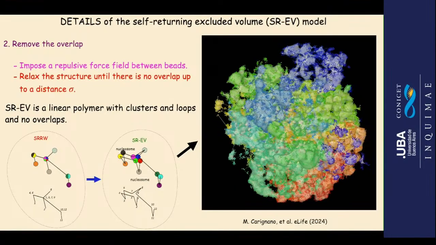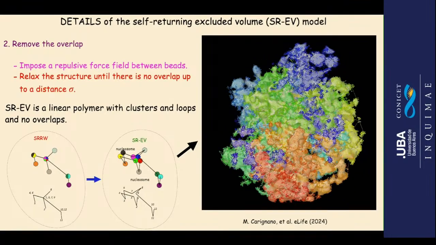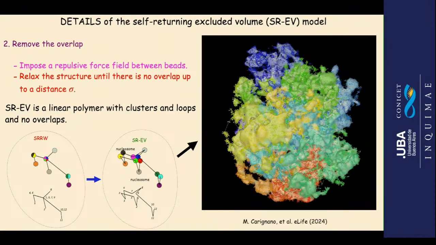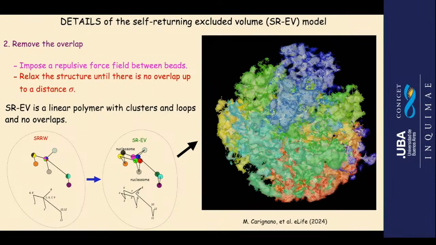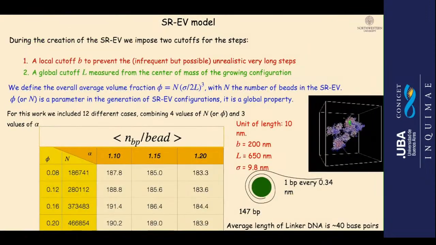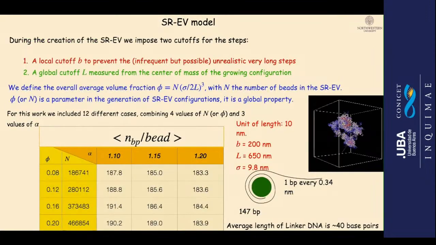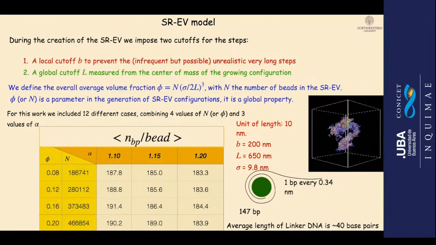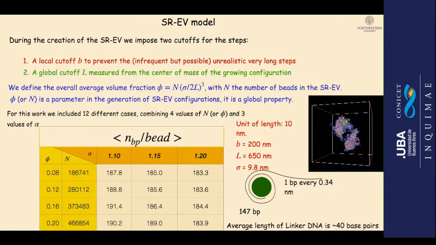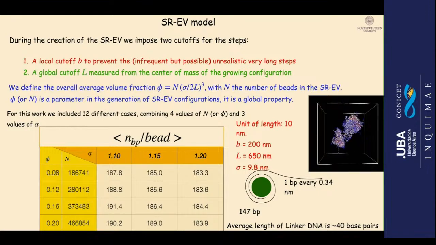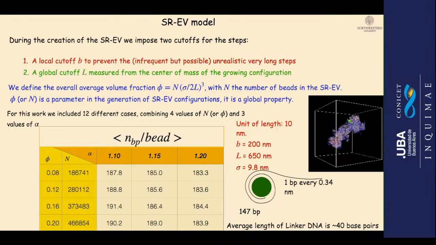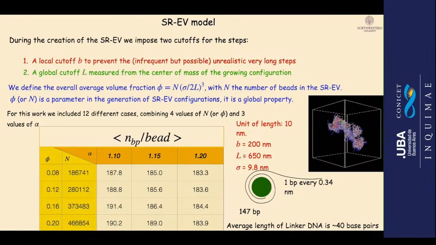The final SR excluded volume configuration consists of a linear polymer with clusters, but with no overlaps. We use different folding parameters alpha and 4 different global volume fractions phi. In total, we have 12 simulation cases.